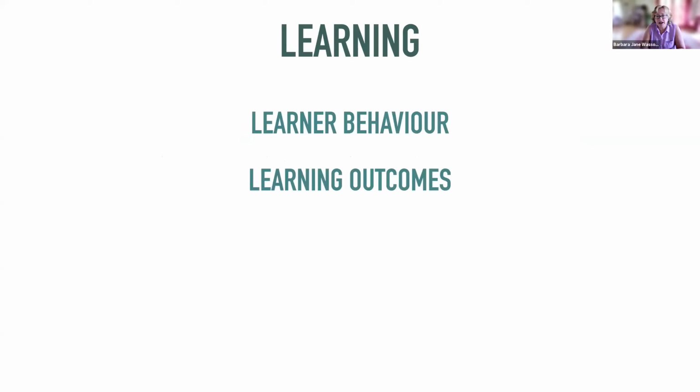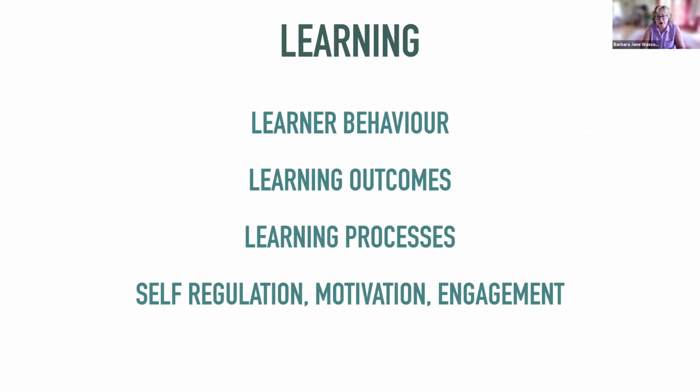So when we talk about learning, we can mean many things. We can go right from the psychological understanding of what learning is as a phenomenon, how it works in the brain, the neuroscience of it, etc. We can also talk about learner behavior, how learners behave in learning environments. We can talk about learning outcomes, what's coming out the other end of a learning process, or we can talk about the learning process itself, what's going on over time.